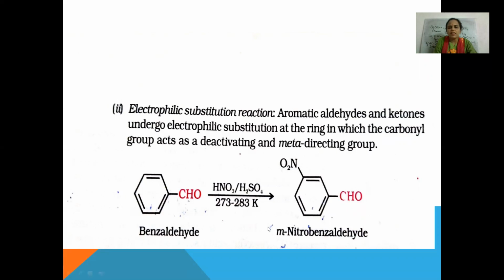So benzaldehyde undergoes nitration in presence of a nitrating mixture, conc HNO3 in presence of conc H2SO4, at low temperature 273 to 283 Kelvin. It undergoes electrophilic substitution resulting in the formation of meta-nitrobenzaldehyde. That NO2 group comes in the meta position, forming the product meta-nitrobenzaldehyde. Hope it's clear.